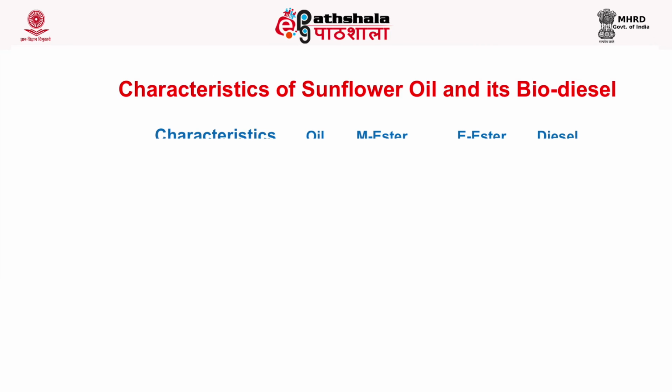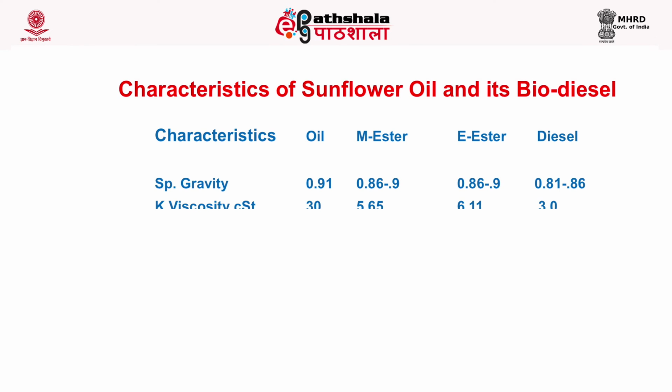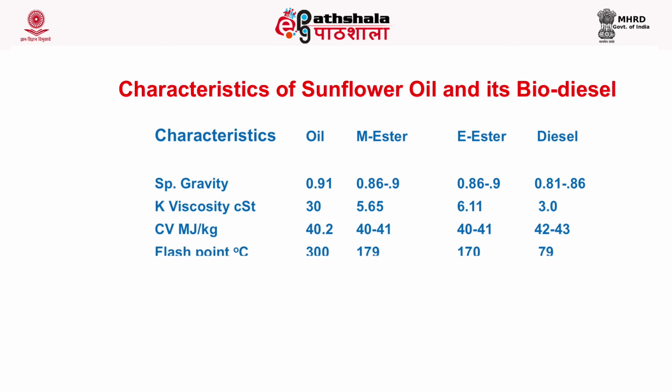Now this table shows the characteristics of sunflower oil, that is refined oil, and its biodiesel produced using methanol and ethanol, both as the reactants. Now the specific gravity of oil is 0.91, and this M ester indicates the ester or biodiesel produced using methanol as one of the reactant, and E ester indicates the biodiesel produced from ethanol as one of the reactant.